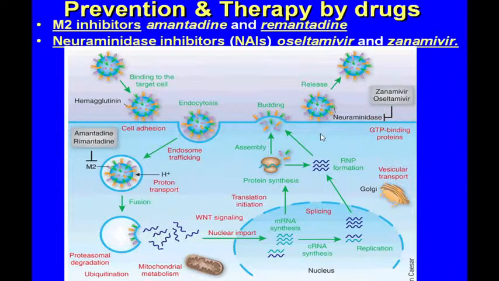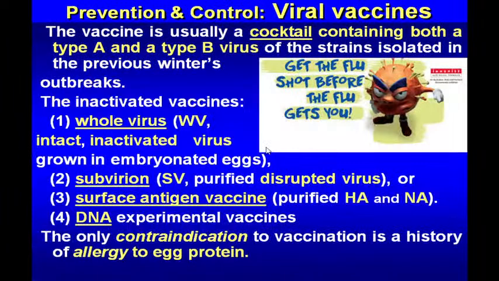And then when the virus is released outside the cell, see the process of budding after the replication, maturation and assembly. So the neuraminidase inhibitors, the preparations called oseltamivir, zanamivir, or some other trade names, prevent the release. So the virus stays aggregated on the sialic acids of the host cell. If neuraminidase is blocked, the virus won't be released and won't be infectious.